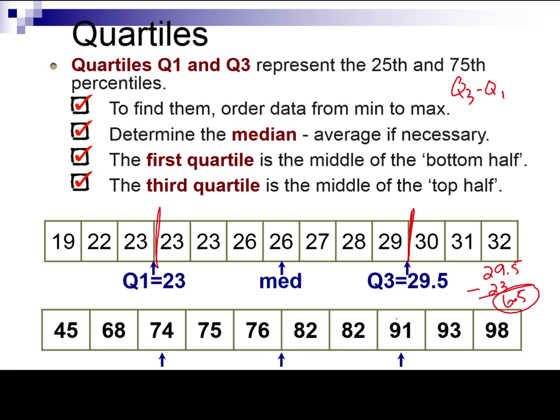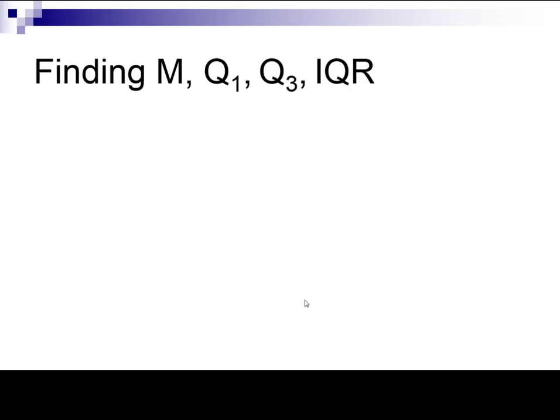What's the IQR for the bottom set? I got 17. Can somebody confirm that? I did it in my head, so I could have made a mistake. Yeah, thank you. All right, moving on.